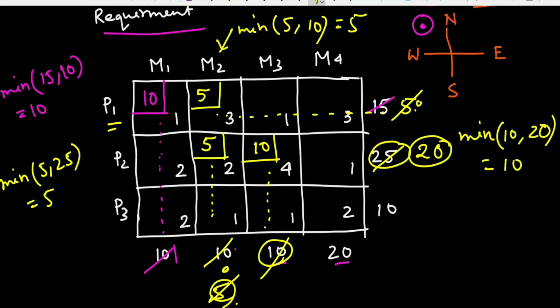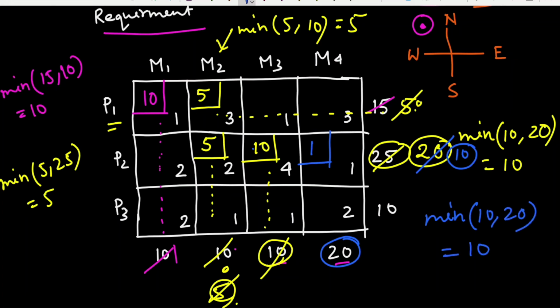Now we go to the next leftmost and uppermost cell, that is this cell. Here the remaining availability is 20 units, and the minimum of requirement and availability is the minimum of 10 and 20, which is equal to 10.